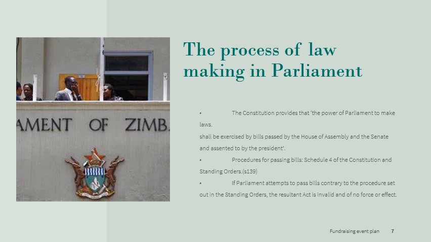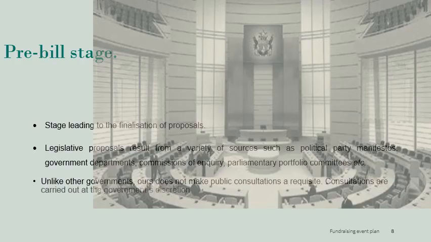The procedures for passing of the bills are in terms of Schedule 4 of the Constitution, as well as the standing orders as mandated in terms of Section 139. Now, if Parliament attempts to pass a bill contrary to the procedures that are laid down in the Constitution, then their conduct would be invalidated. We'll talk about that one later.